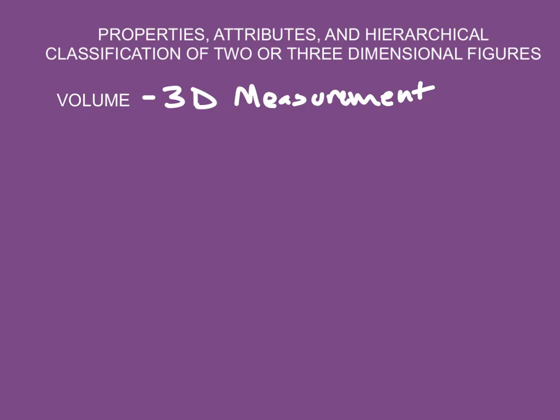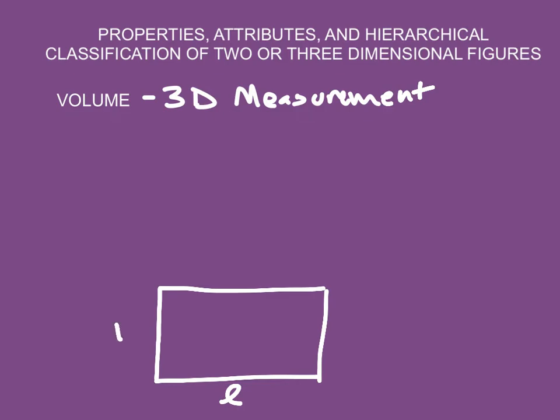And so if I take a rectangle, all right, and if I think of this as the base, let's do length and width on this one. So length and width, all right, and that's 2 dimensions, okay? When I add in that third dimension, I'm adding in the height, all right?